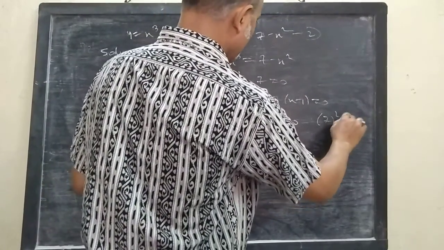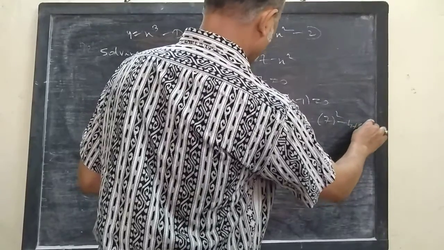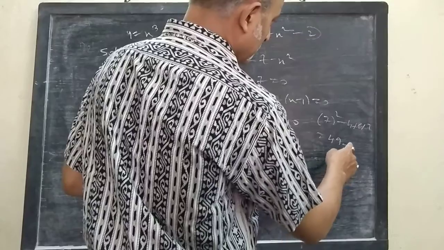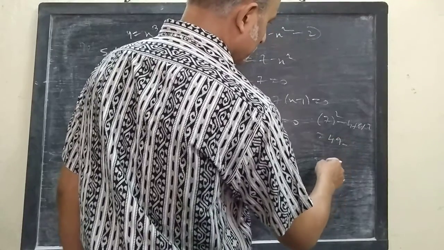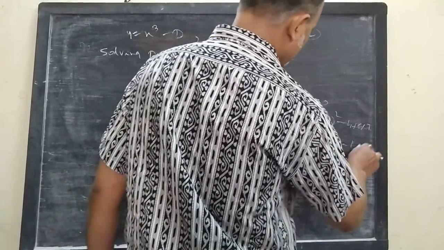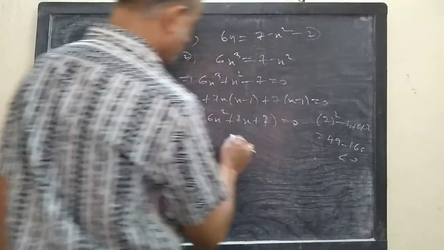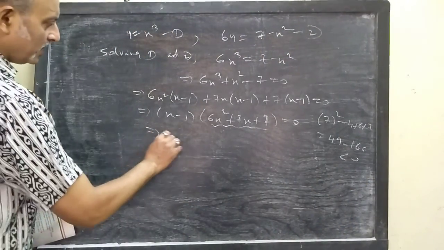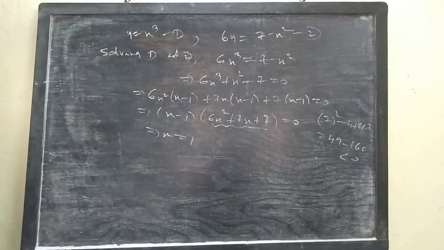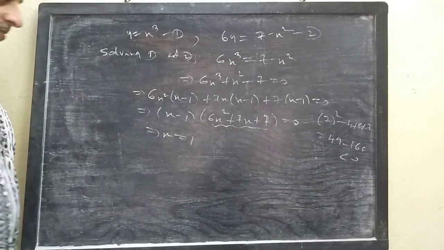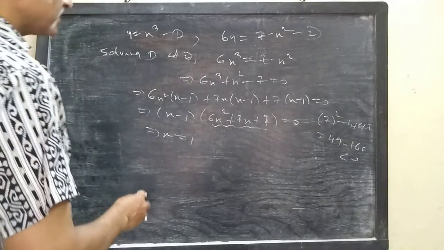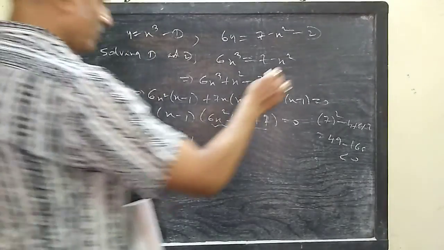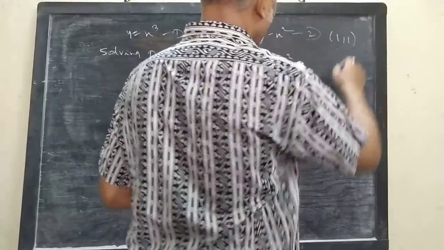This will be 7 square minus 4 into 6 into 7, that is 49 minus 168, less than 0. So this part will give no real roots. So we get the only real root x equals 1. So the curves practically intersect at a single point. If x equals 1, then y will also be 1. So we find their point of intersection as (1, 1).